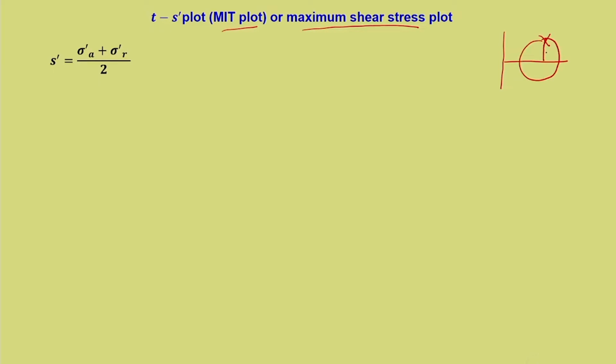This is the maximum shear stress point, and if you discuss it in terms of sigma A dash or sigma R dash, this point will be sigma A dash, this is S. So, S is sigma A dash plus sigma R dash by 2, and T, which is this distance, that will be sigma A dash minus sigma R dash by 2.